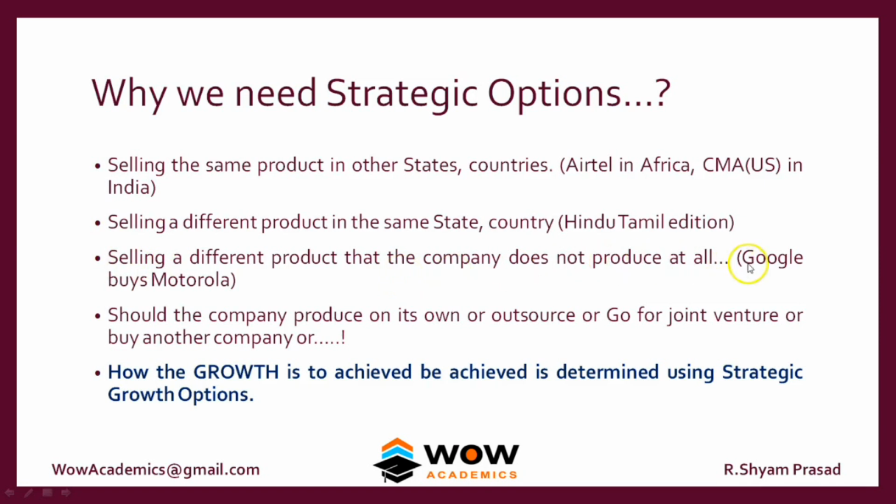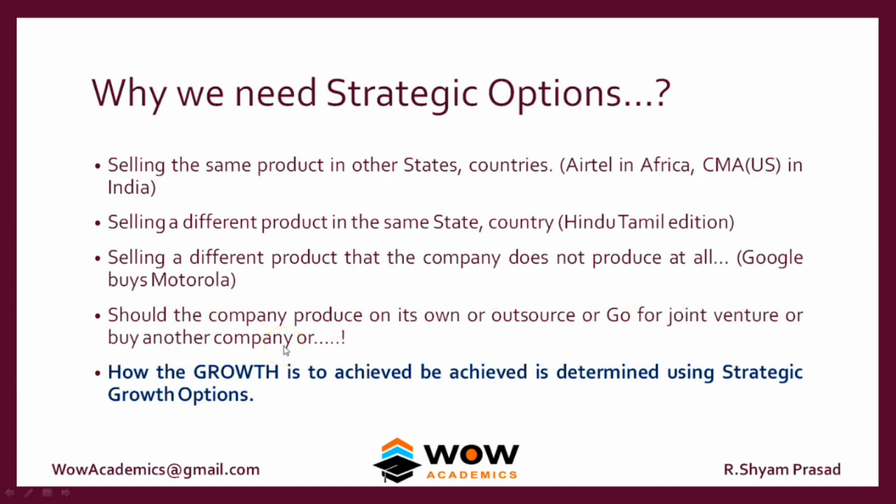For example, Google buys Motorola. Google is a software company, but they bought an entirely different company called Motorola. So they can also grow their company by buying another company which is totally different from their original products. That can be possible. Or we can also think in terms of whether the company should produce on its own, outsource, go for a joint venture, or buy another company.